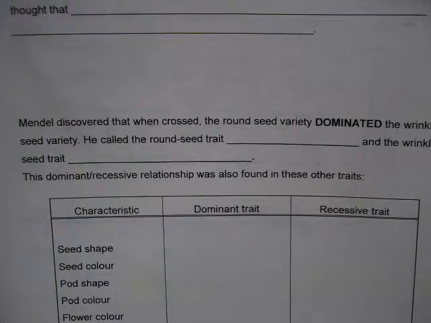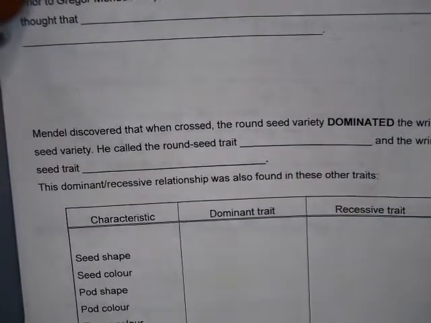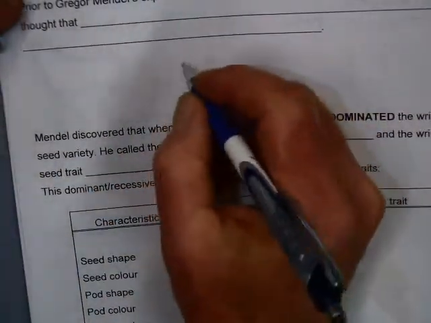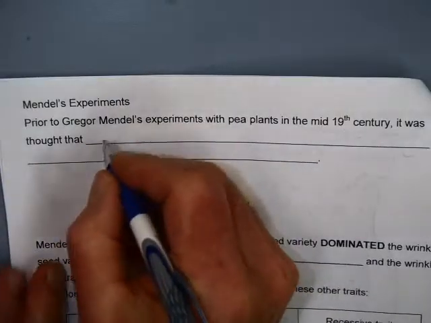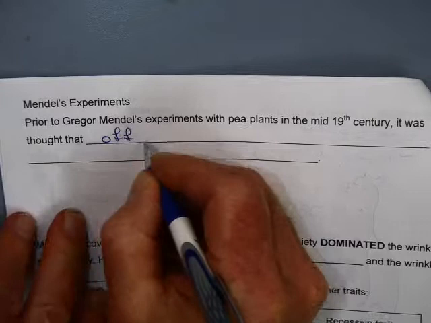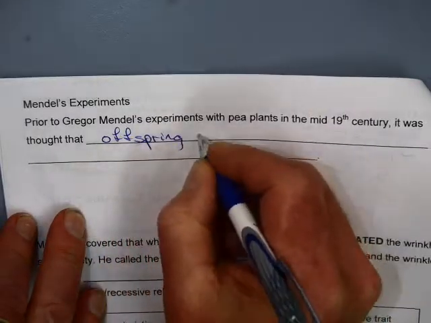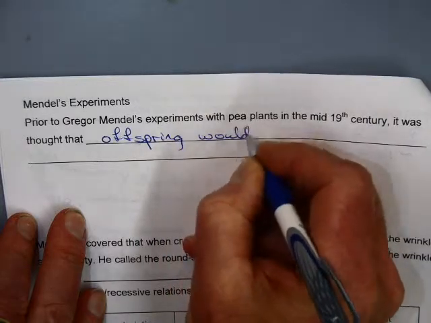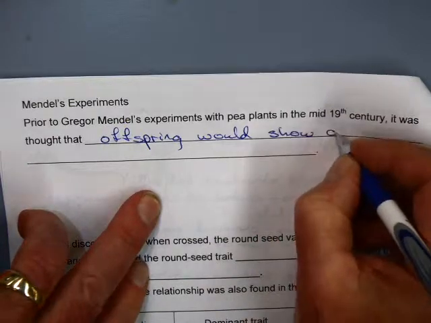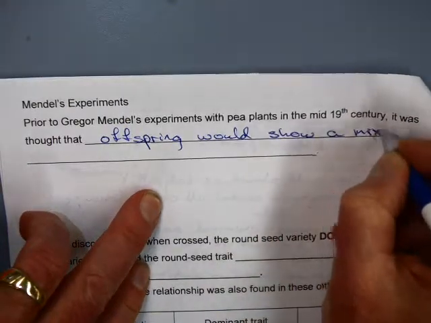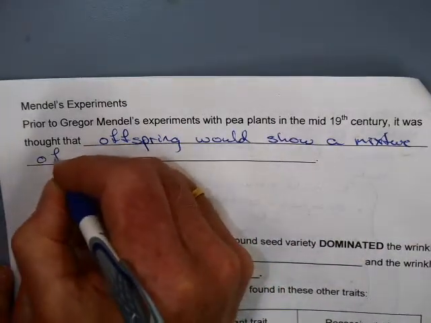Okay. Prior to Gregor Mendel's experiments with pea plants in the mid-19th century, it was thought that offspring would show a mixture of both parents.